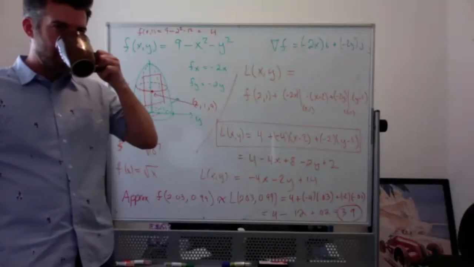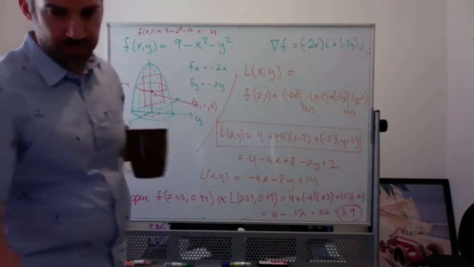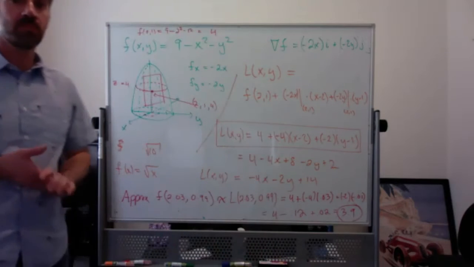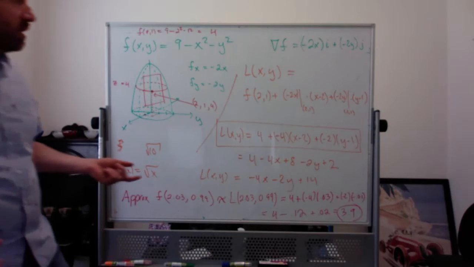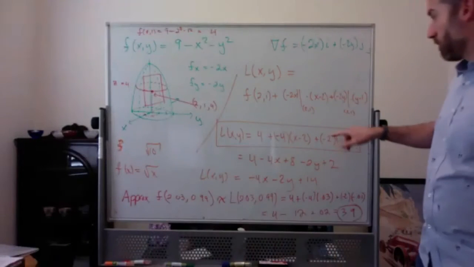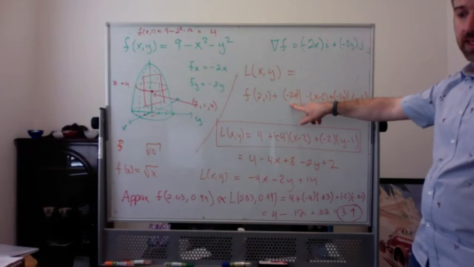Could you explain how you get the slopes of -4 and -2? Totally. The way I'm getting those slopes is, for the x part, I'm using the partial with respect to x.